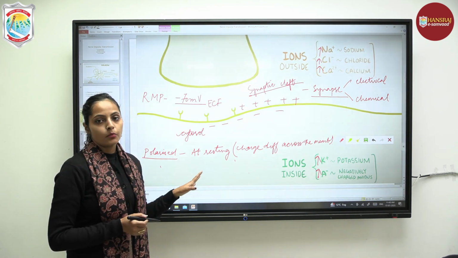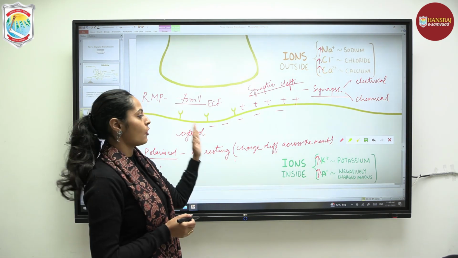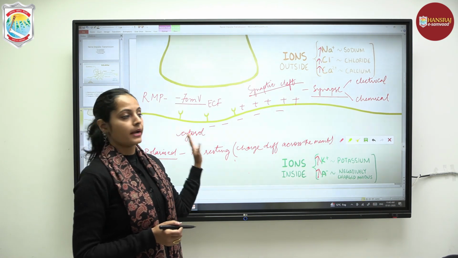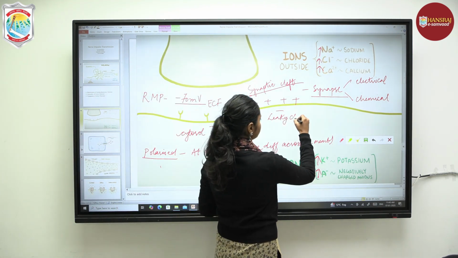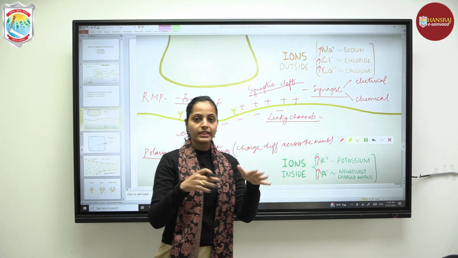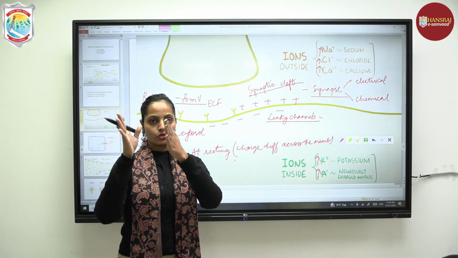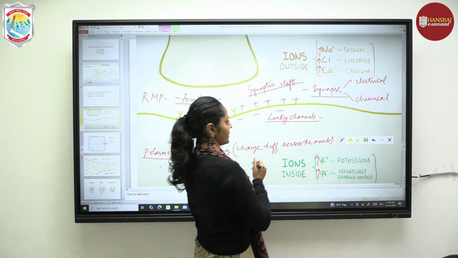Now interestingly, what happens, we have more number of leaky channels present for potassium as compared to sodium. So let's talk about leaky channels. Leaky channels will allow the leakage of ions from the region of higher concentration to lower concentration, which means along the concentration gradient.